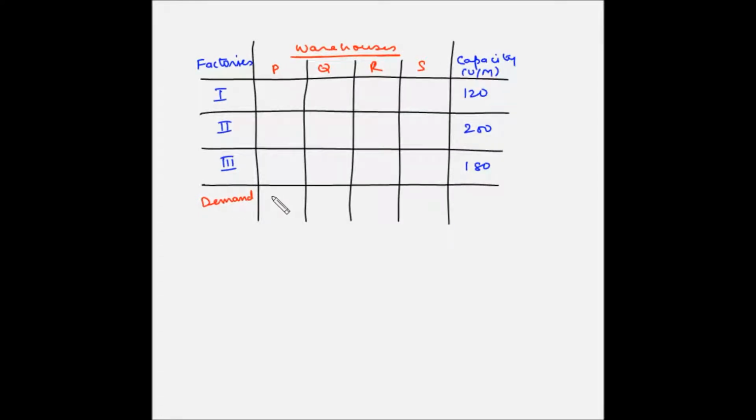So P has a demand of 100 units per month. Q has a demand of 140 units per month. R has a demand of 110 units per month, and S has a demand of 120 units per month. This is again units per month. Now in these boxes, we have to place the unit cost of shipping.